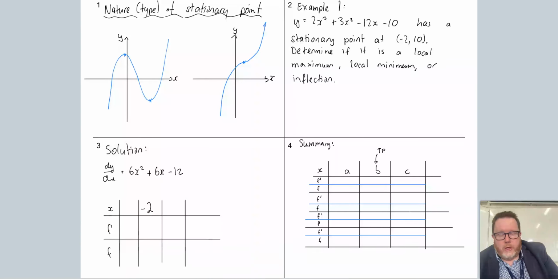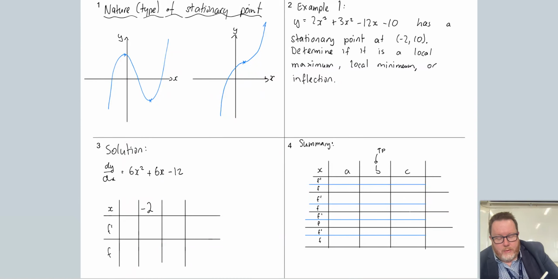And what we're going to do is use our understanding of what the derivative function does and how that relates to the original function in order to work out whether it's a local maximum, minimum, or an inflection. I've started the table off by having a gap either side of -2. The reason why I've got -2 there is because at -2, we are told it is a stationary point.